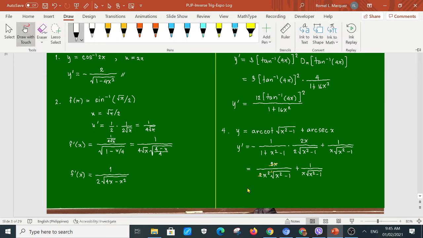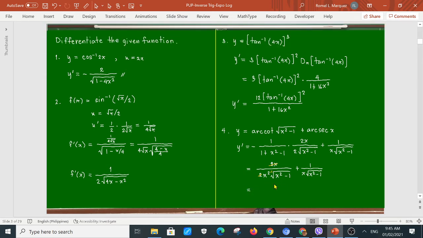So, getting now, simply 1 over x square root of x squared minus 1 plus 1 over x square root of x squared minus 1, giving what?